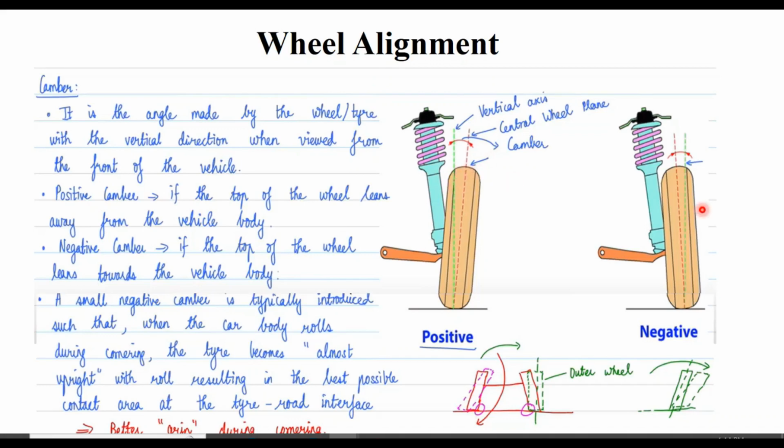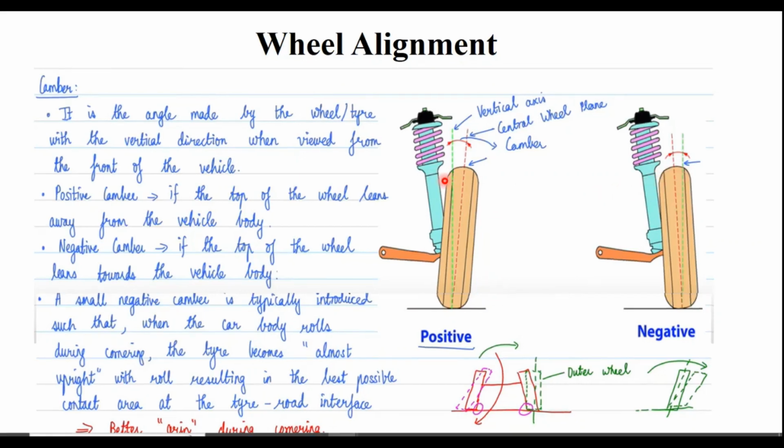And if the top of the wheel leans towards the vehicle body, then it is called a negative camber. Positive camber leans away from the vehicle body, and negative camber leans towards the vehicle body. This is the difference that you need to understand.